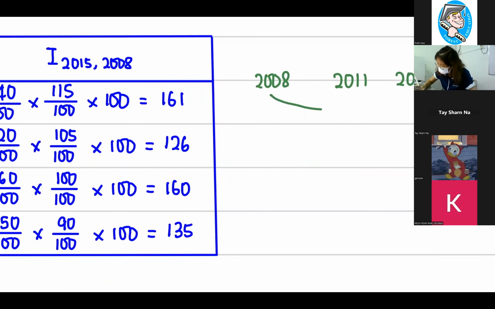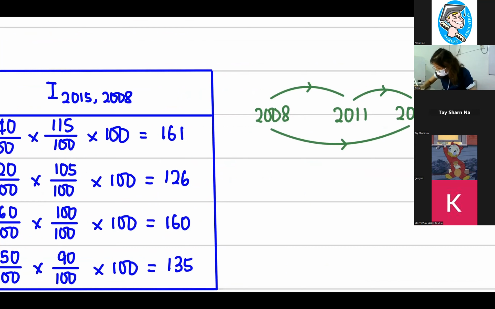They ask for this. For A, this is 140, and this is 115. So for this part, from 2008 to 2015 is 140 multiplied by 115 divided by 100.